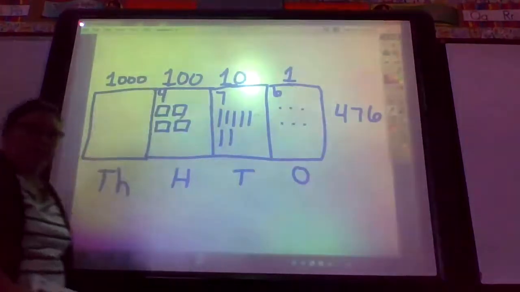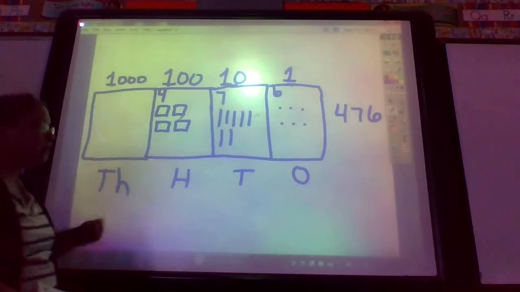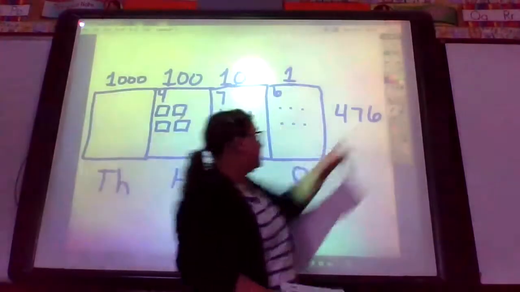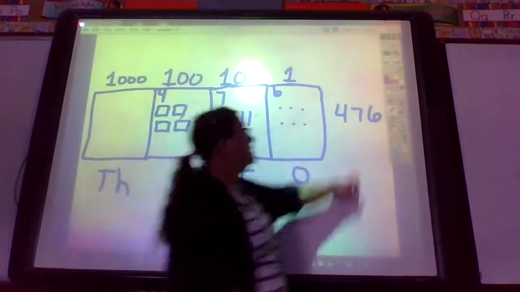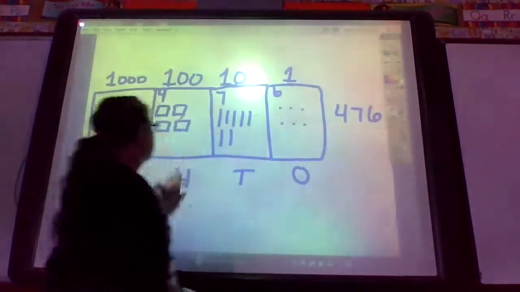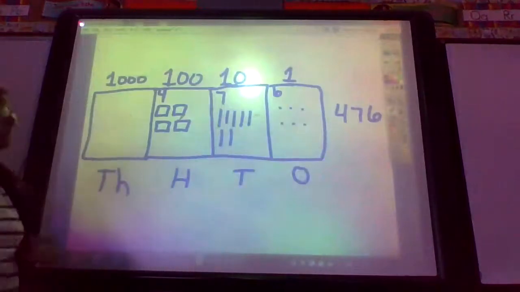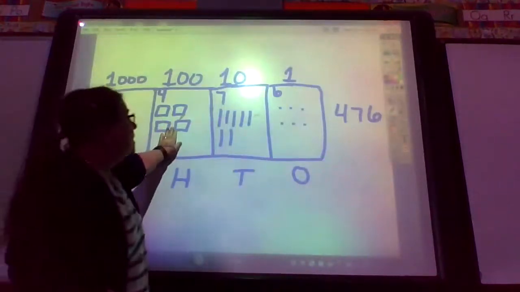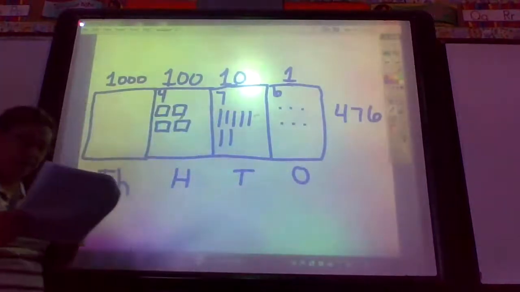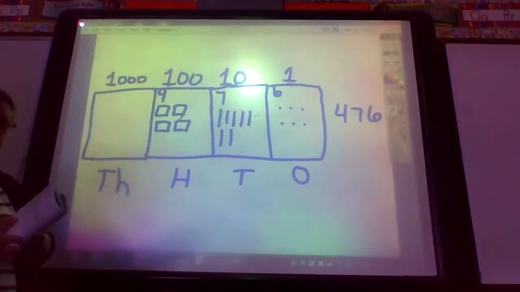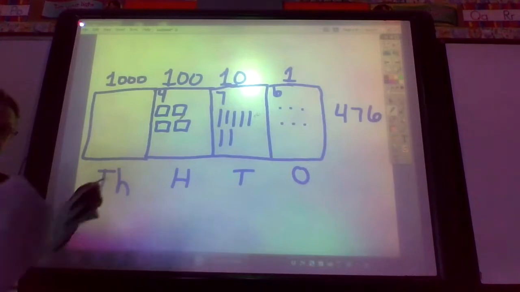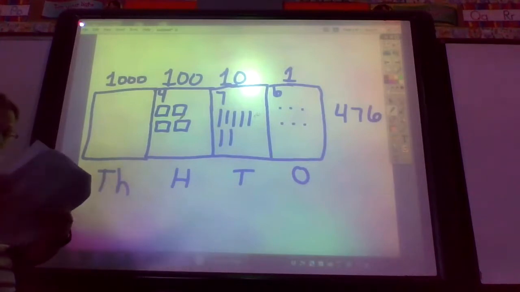That is my number that I made. Okay? I put it in my place value chart, my boxes. 6 ones, 7 tens, 4 hundreds. My number reads 476 in my place value chart. Okay?